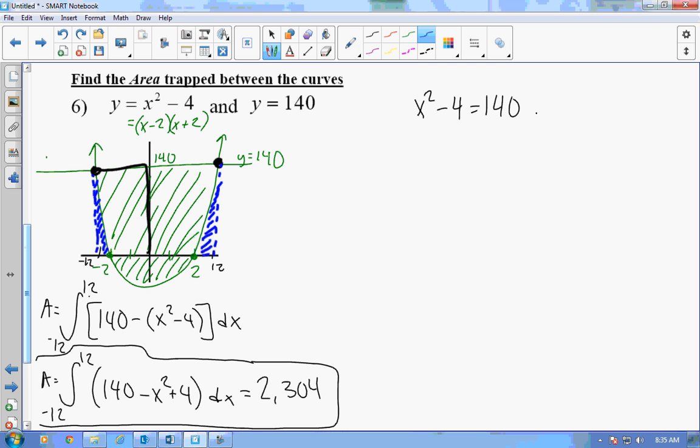We do the area under 140, negative 12 to 12, and we just subtracted x squared minus 4. So that's what's cut off of the area.